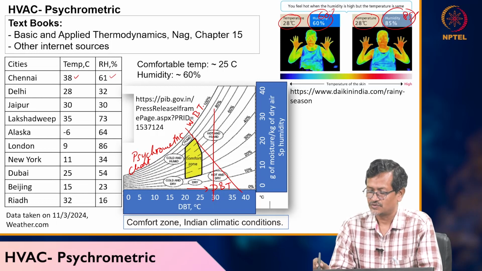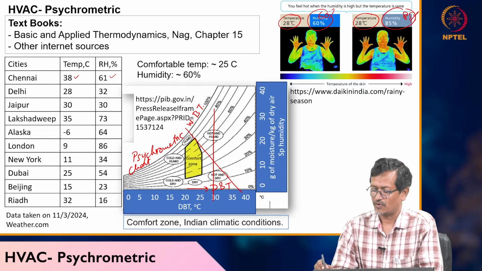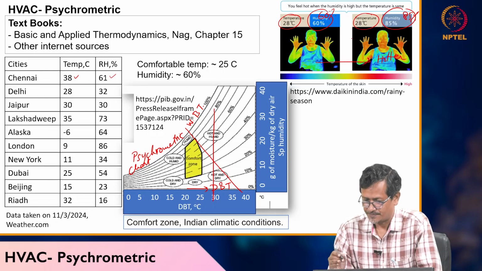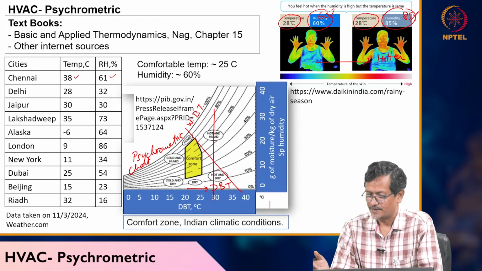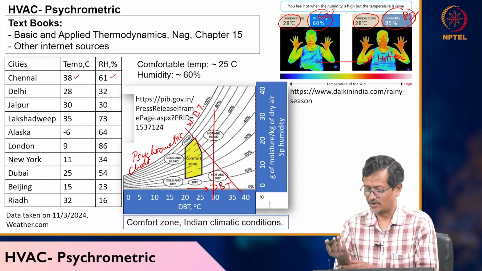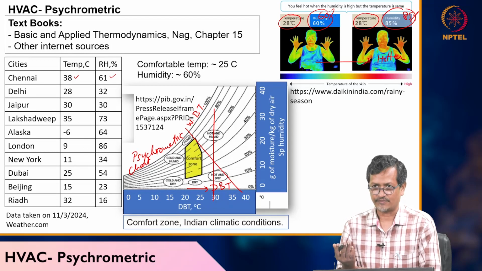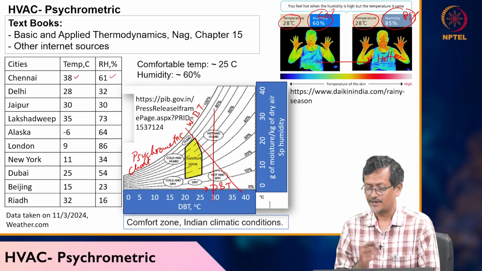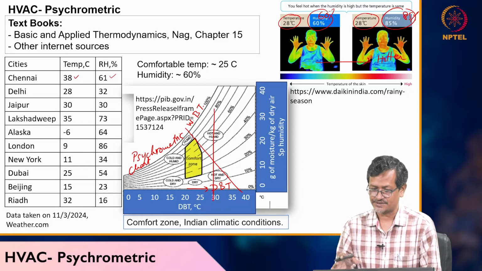At 85% people will feel hotter, because the temperature is the same but humidity is higher. Any water molecule coming out from the body will not get evaporated, so you will feel very uncomfortable at higher humidity, although the temperature is the same.